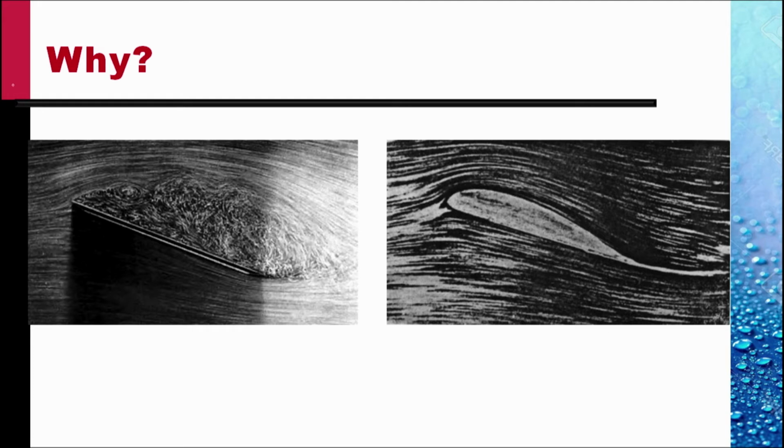While the picture on the right is flow about an airfoil in which the nose is rounded, and we see that because of the rounding of the nose, the flow does not separate on the top edge. It goes around the body surface, and because of this, it produces a negative pressure on the top, which contributes to increasing lift, the kind of lift we saw in the graph earlier.